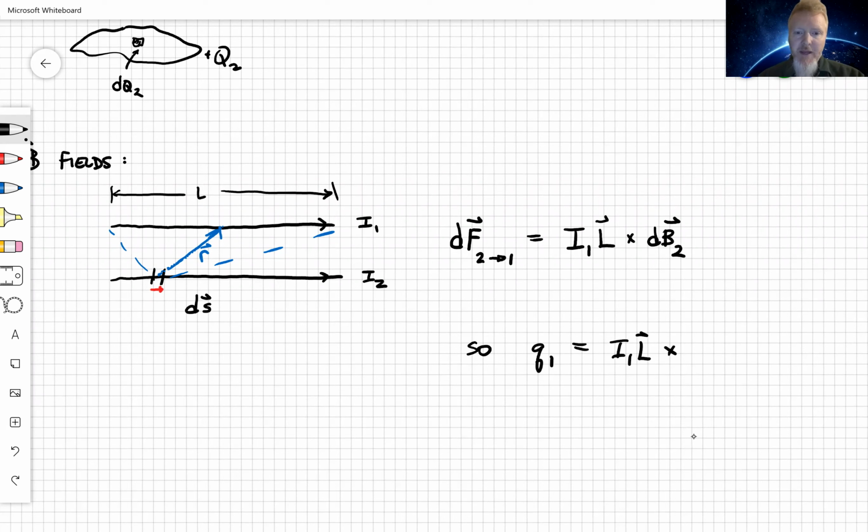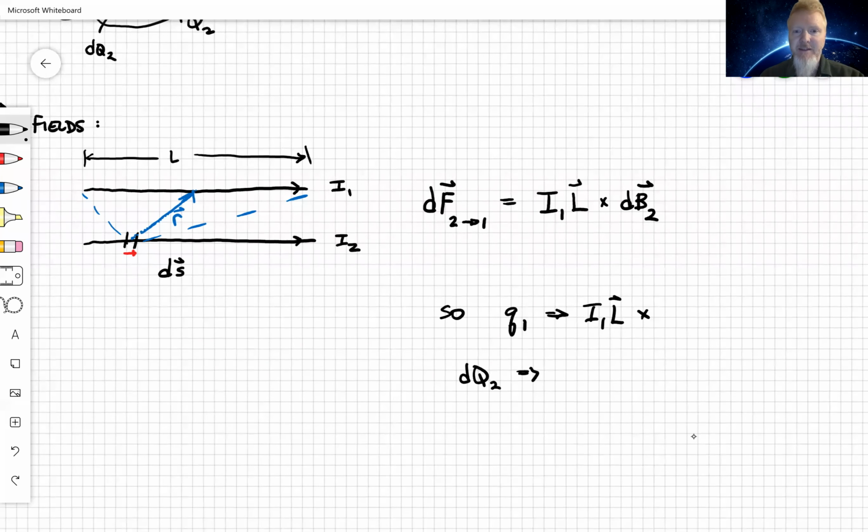That means we could write dQ2 as equal to, well, or something like, I shouldn't say equal to, maybe I should say it's more analogous. It's not equal to, I'm only trying to draw an analogy here as to how to calculate the B field.